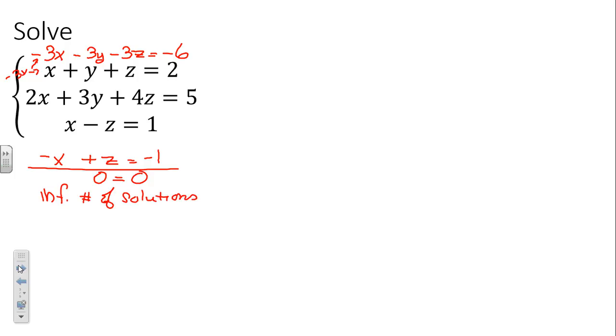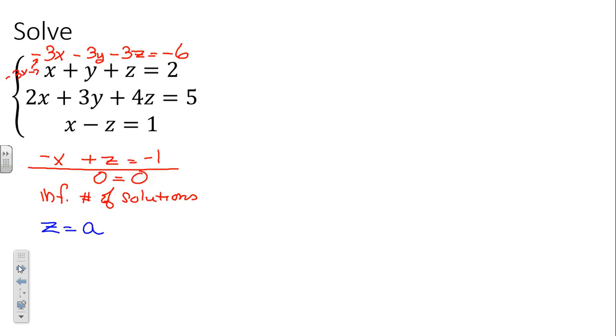We want to be able to generate some points along that line. So when we see that we have a true statement and we know that those planes are intersecting all three in a line, we want to find out what the values could be for those points. So what we typically do, and it doesn't have to be z, is say z equals some letter like a.